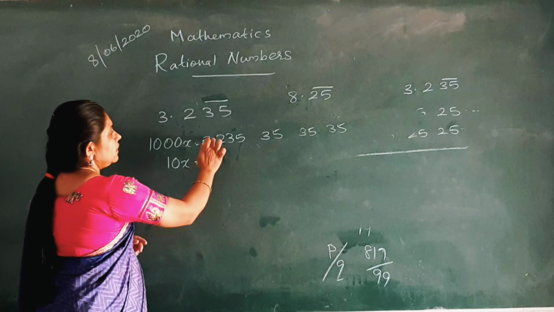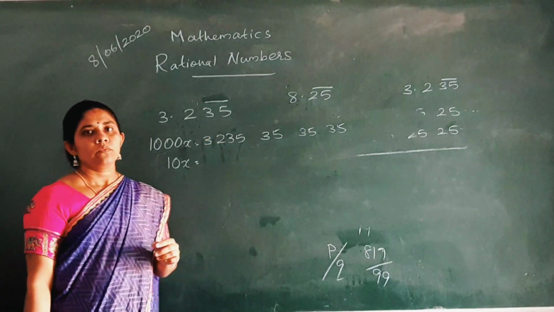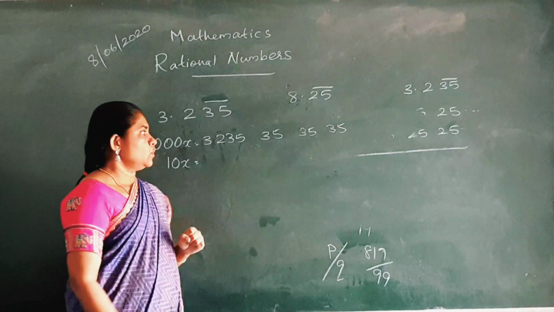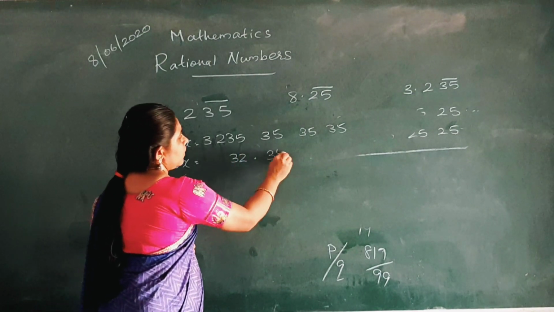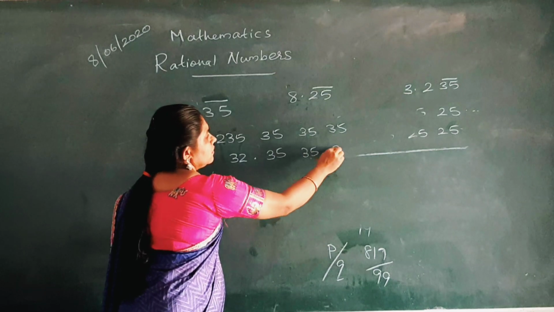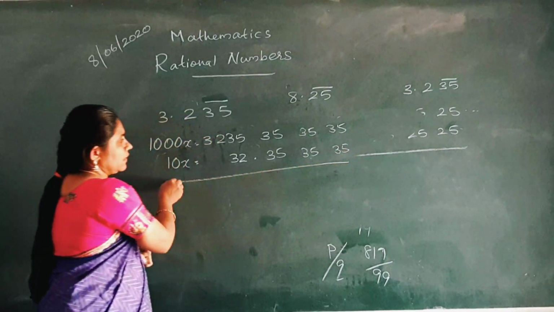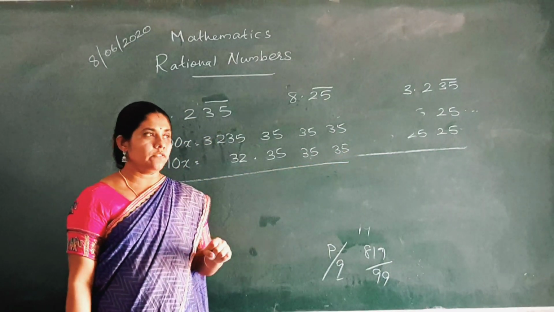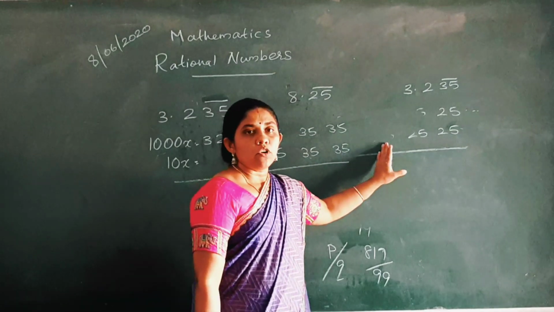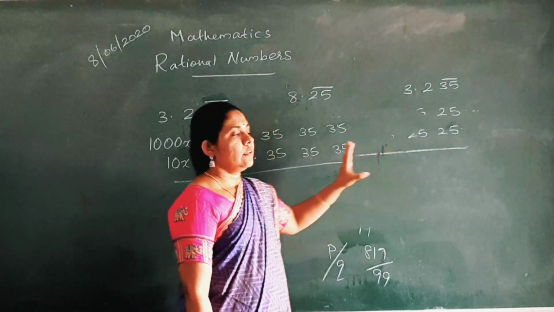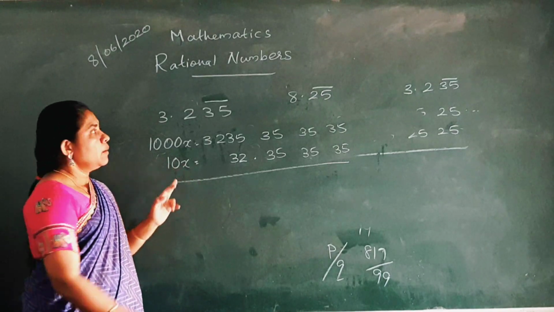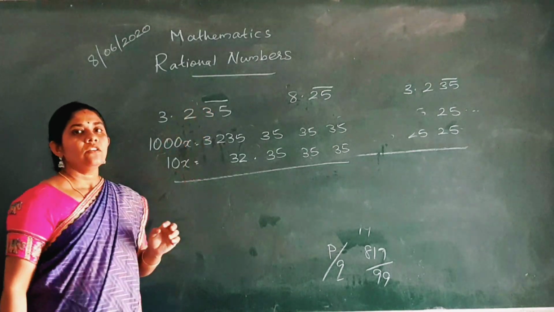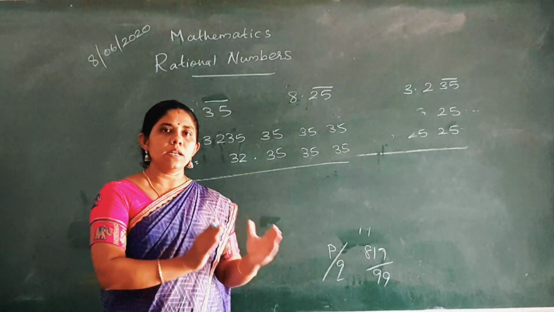Now I am getting 32.353535. I write 32 in this place. Understand the difference? Here I took 10x because there is one number which is not repeating.